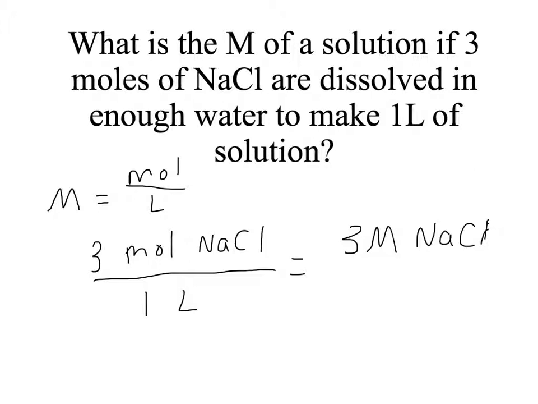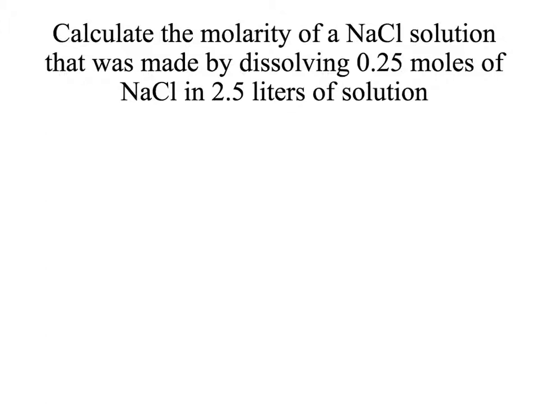Now here comes our next problem. What if we don't have 1 liter of solution? What if we have less than a liter of solution? Well, we're going to solve that in the same exact way. Here in this example problem, we have more than 1 liter of solution. So we're going to solve this the exact same way. We are going to start out with our 0.25 moles of sodium chloride.